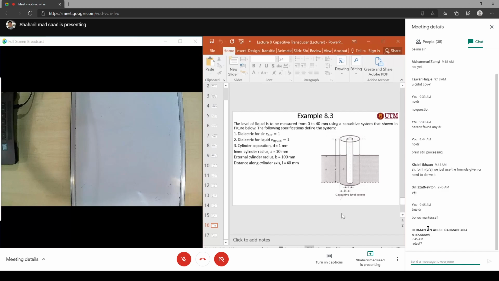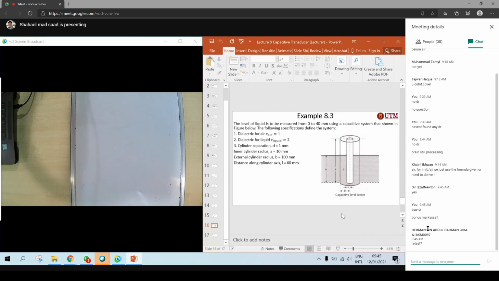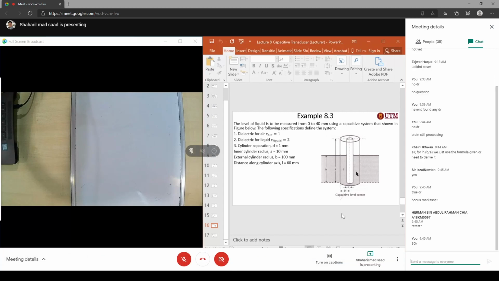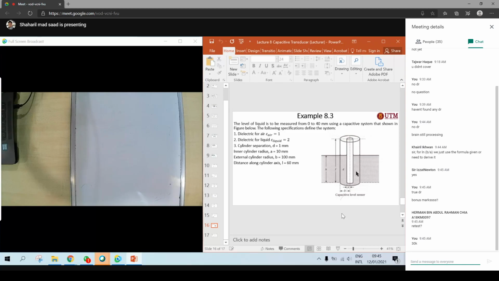As long as you can get the critical frequency equal to, I think, 30k hertz, okay, then you can get the full mark on that section. Okay, as long as you can get that one, right?